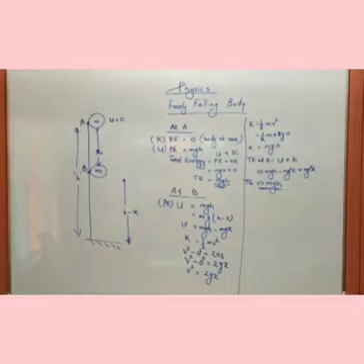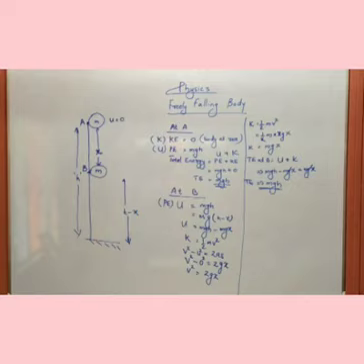So here we are calculating at B the gravitational potential energy, U is equal to mgh. Here m is mass, g is acceleration due to gravity, and h always means the height from the ground level.